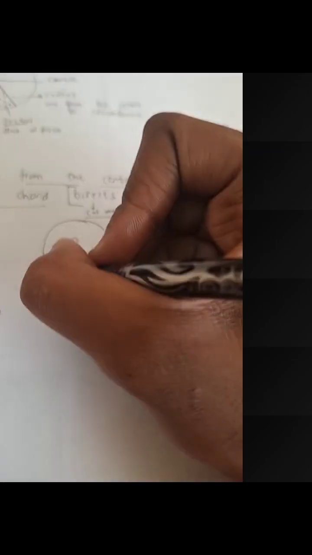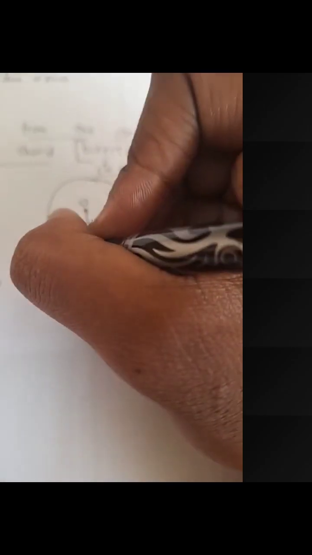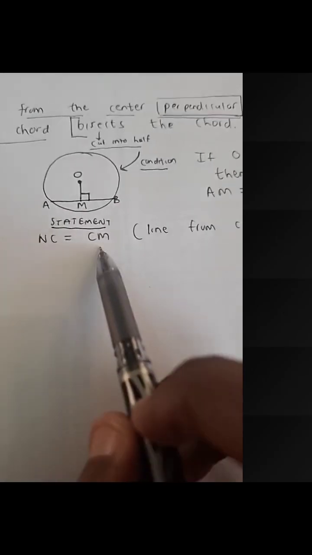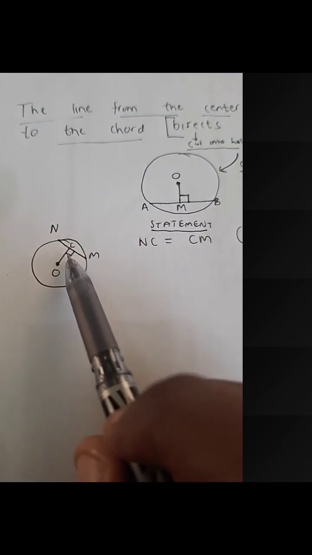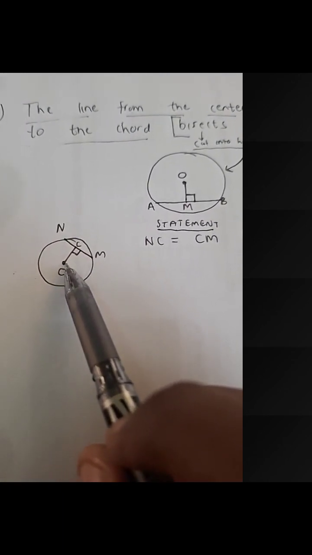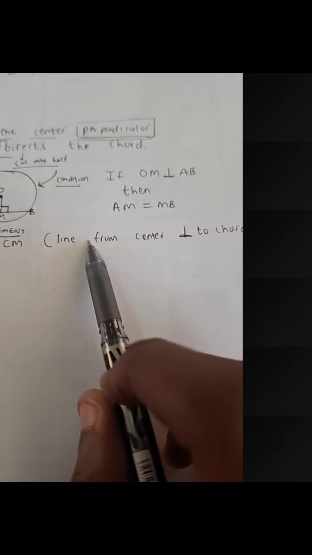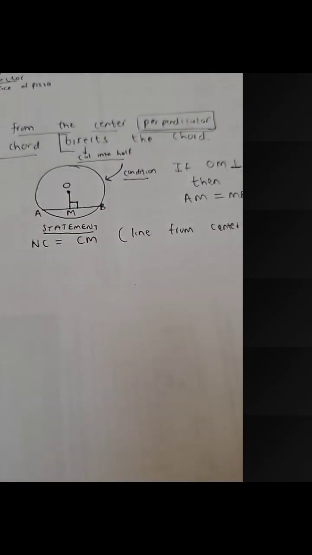So the statement that NC is equal to CM is not something that you can see in the diagram. But the reason that you write out for saying NC is equal to CM is actually available in the diagram, because you can see that the line from the center to the chord is perpendicular to the chord, which is why you give the reason: line from center, perpendicular symbol, to chord, and that would be very much on point.